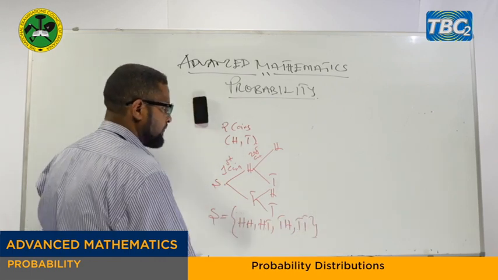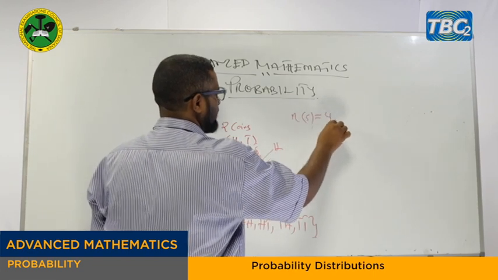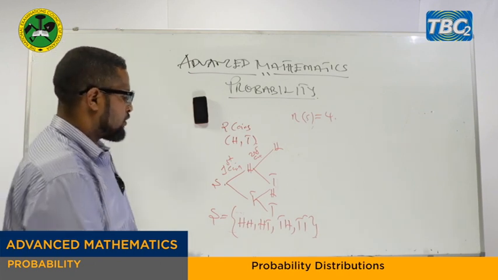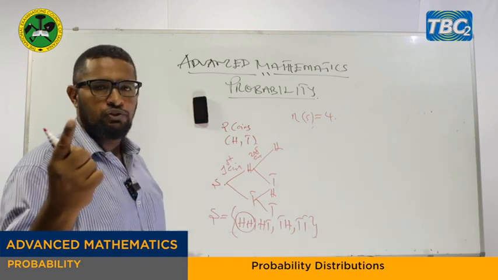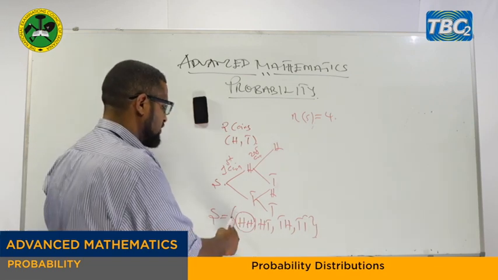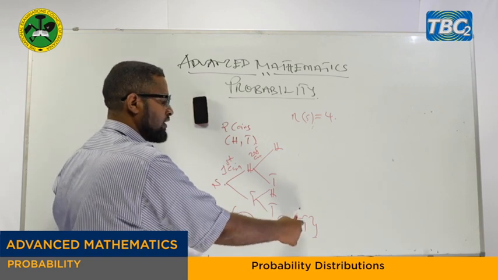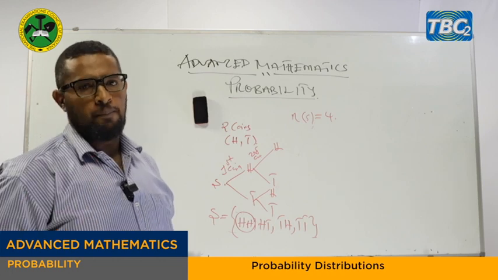So when you count them, you'll see that the number of sample space is equal to 4. Why 4 and not 8? Because HH is taken to be one outcome and not H as 1, 2, 3, 4, 5, 6, 7, 8. So each group is taken to be one outcome, my dear student.